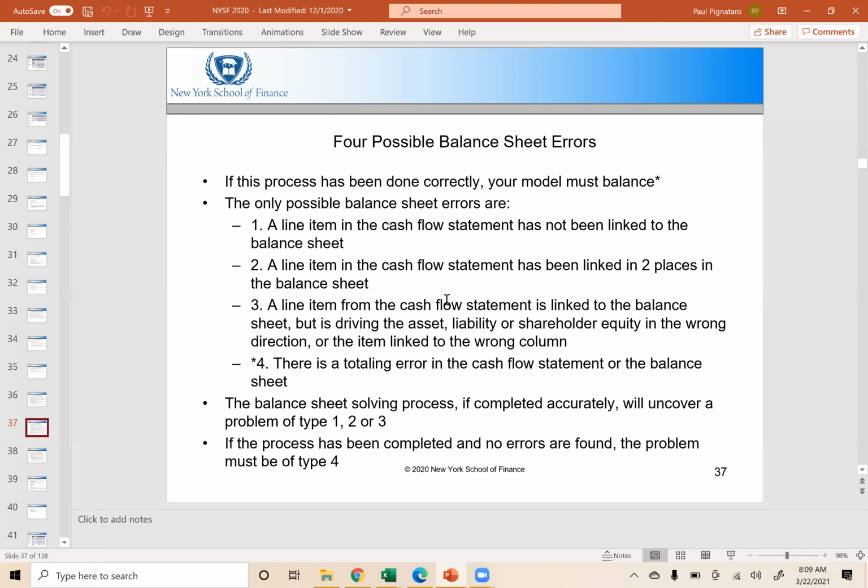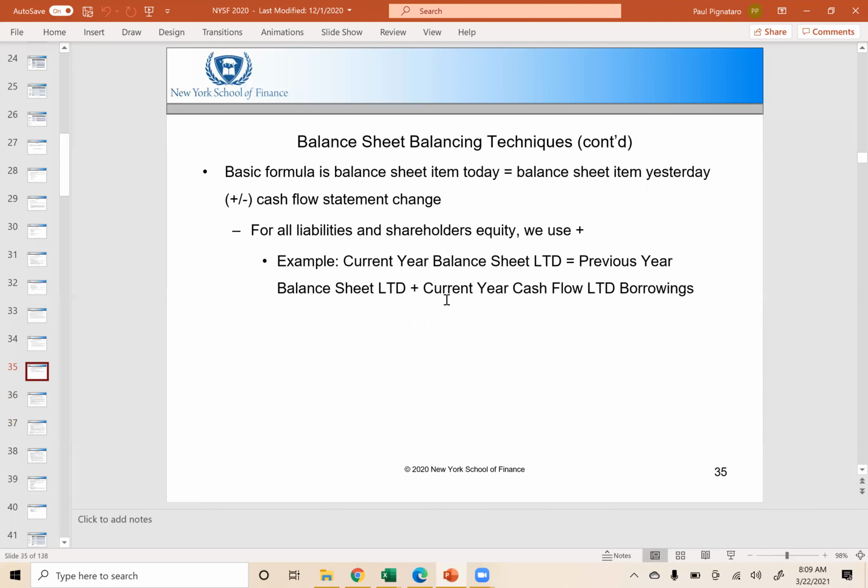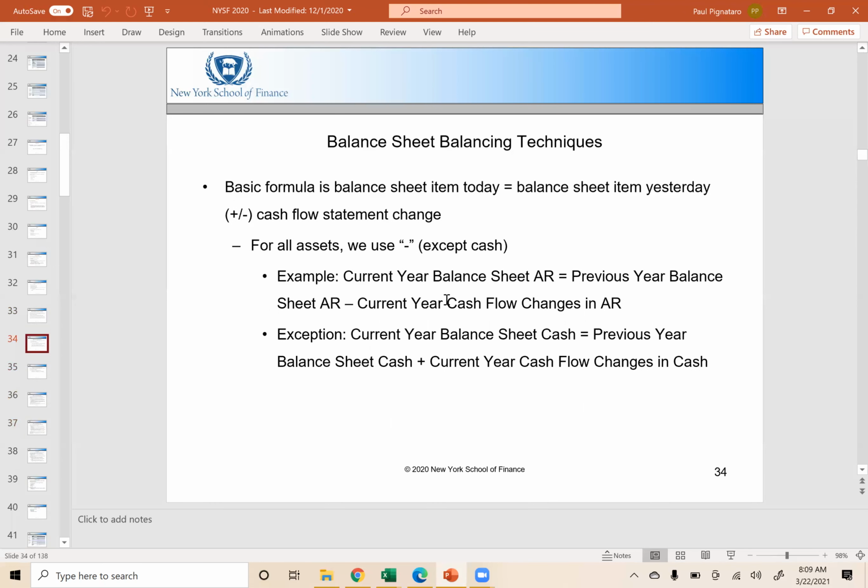3, there's a line item in the cash flow statement that's been linked to the balance sheet, but it's going the wrong way. This is where it's so important that you use this formula structure, the pluses and the minuses. Or maybe it's going the right way, but it's linked to the wrong column. Again, structure and formula.